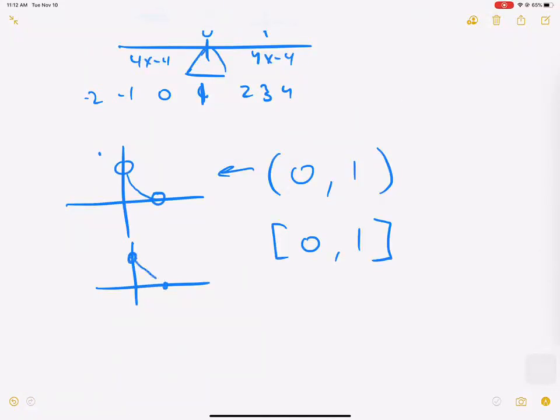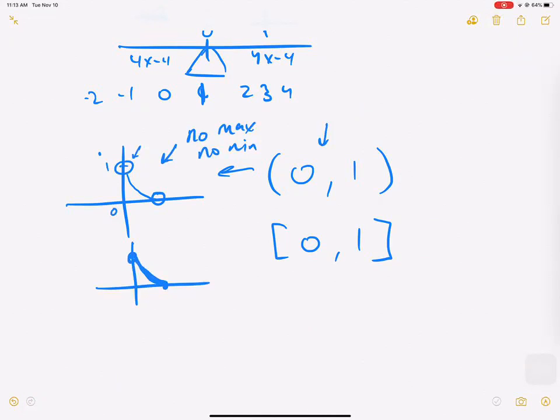Now, this has implications for maxes and minimums. If this was my graph and these were parentheses, that means I have no max and no min. They wouldn't do that to you. But why wouldn't we? What would the max be? Even if I call this 1 here and this is 0, what would the max be? Is 1 even included?